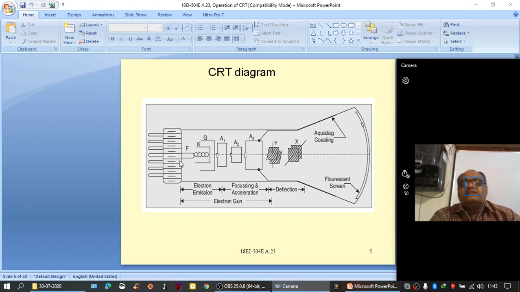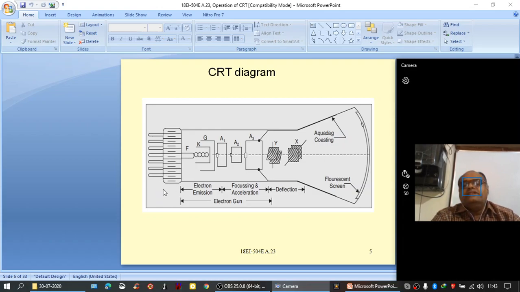The portion starting from the cathode till the focusing and accelerating anode is called the electron gun assembly, and the two deflection plates collectively are known as the deflection plate assembly, and the remaining portion is the display unit.